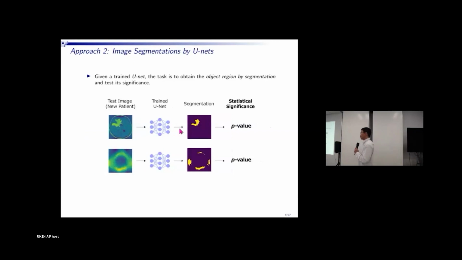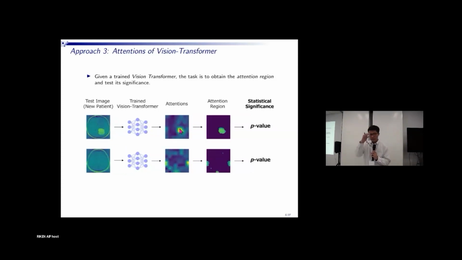In the second approach, we can just apply image segmentation to this kind of brain images. So if we have already trained the UNet, for example, for image segmentation, we can obtain the object region and the background region. And we would like to compute the p-value for this object region. The third approach, for example, we can apply a vision transformer to these brain images.